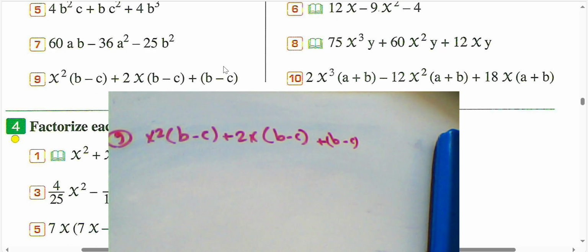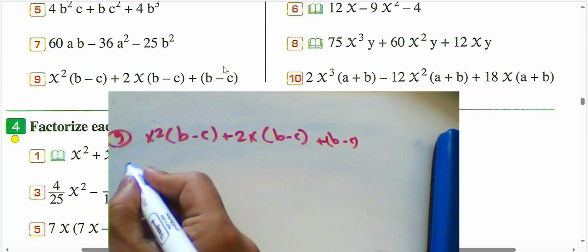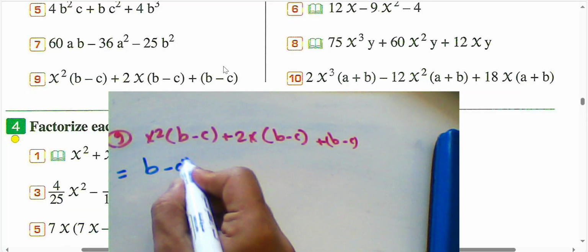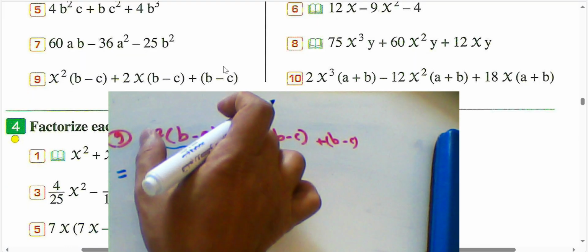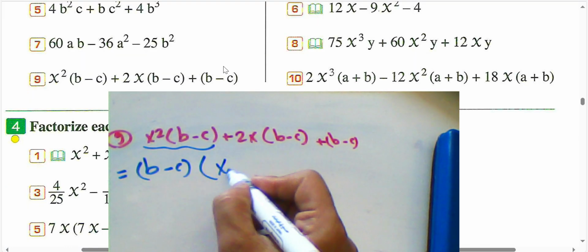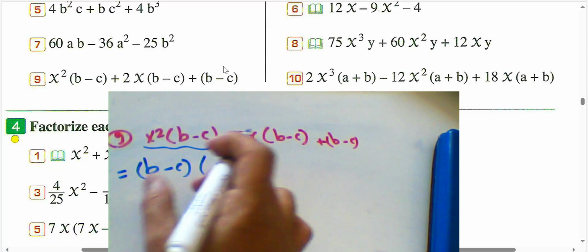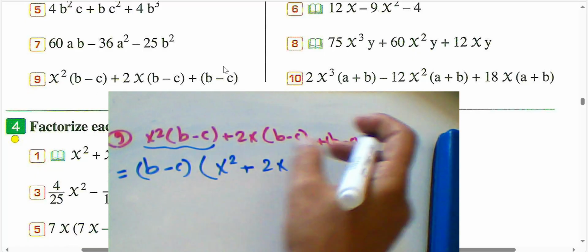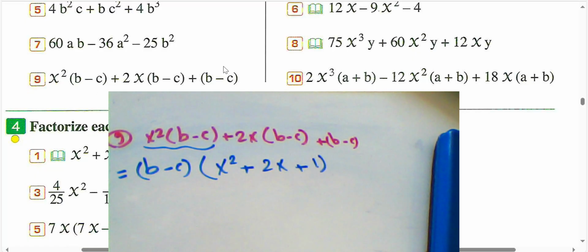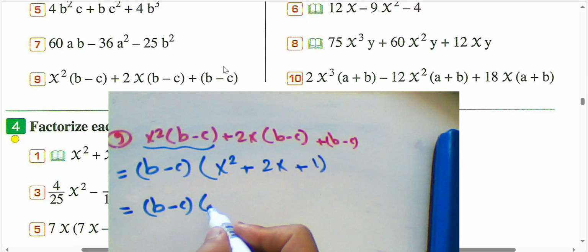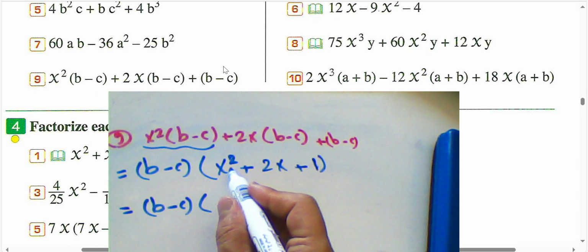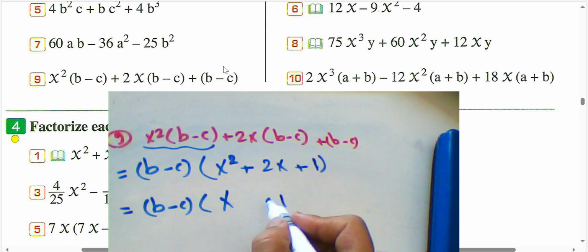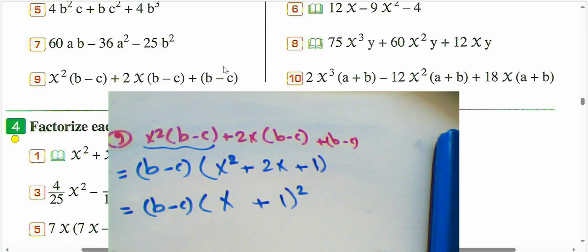Dividing each term by (b - c), the result will be x^2 plus 2x, and (b - c) divided by itself will be 1. And then we have (b - c) times this expression, x^2 + 2x + 1. Square root of the first and square root of the third, and the sign here, or power 2.